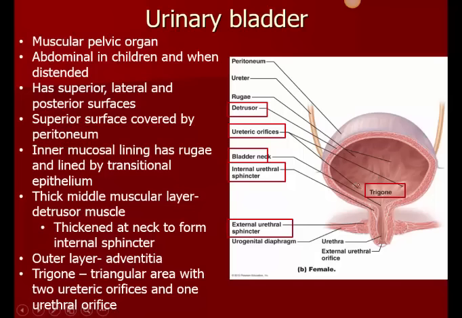And at the trigone, you have 3 orifices. You have the orifices of the 2 ureters at either end up here, and at this point, which is the bladder neck, is the orifice of the urethra, which leads into the urethra. So we have 2 ureteric orifices, and this one is known as the internal urethral orifice, also called the internal urethral meatus, which is guarded by a sphincter.